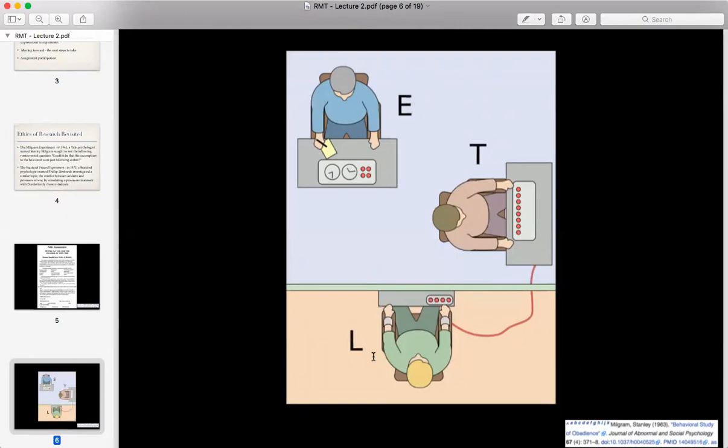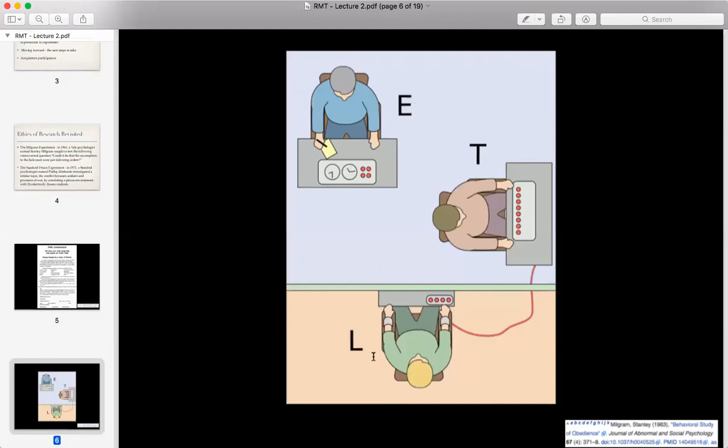I think what Milgram was trying to test was whether people from any culture would follow these kinds of orders, especially coming from a figure of authority, someone who's wearing a lab coat, someone who seems to know what they're doing.